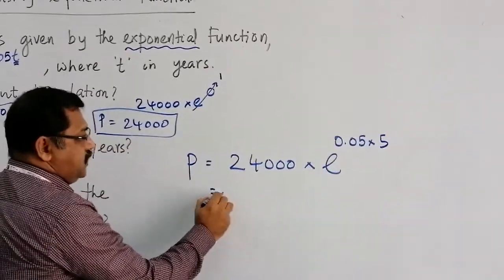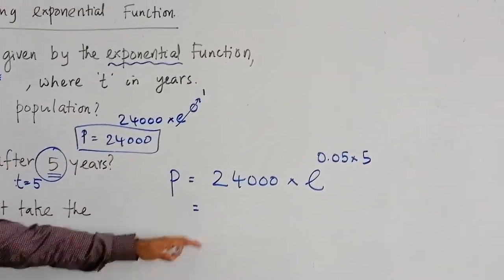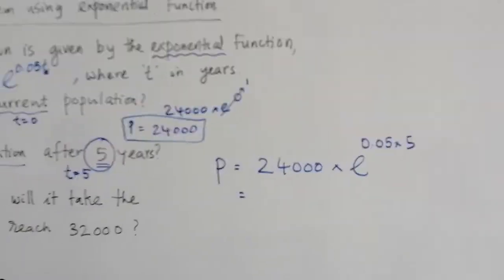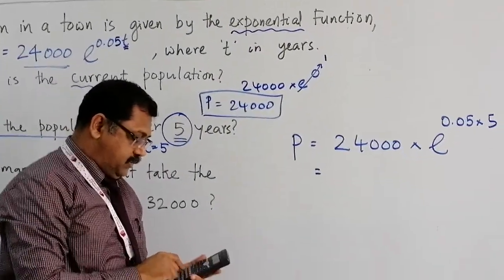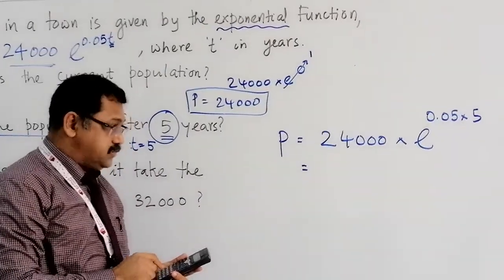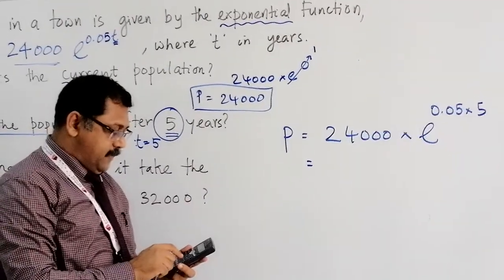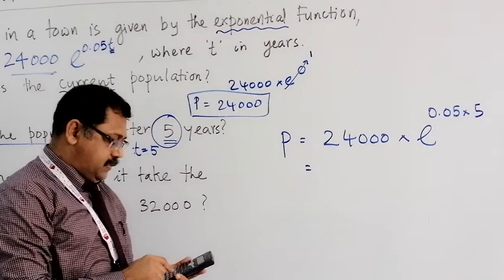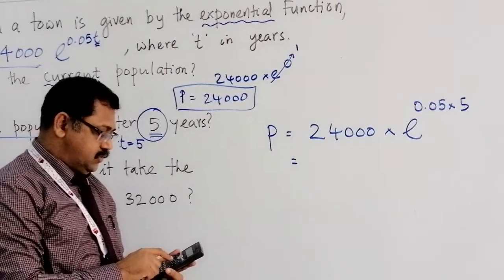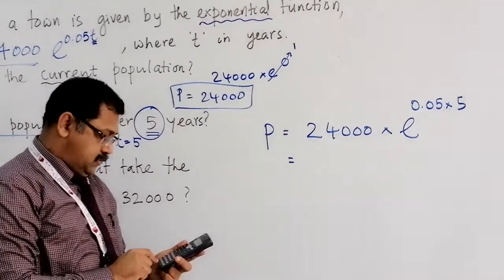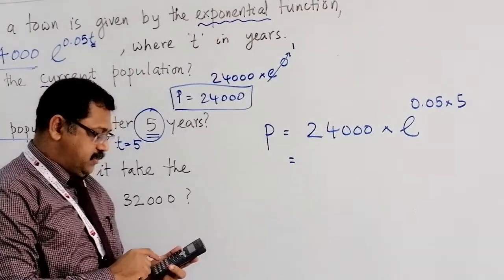So this is the population after 5 years. Let's see the value of this. 24,000 multiplied by e to the power 0.05 multiplied by 5.